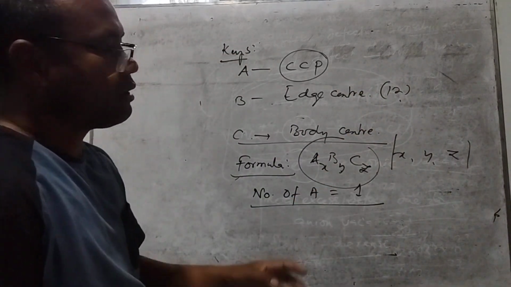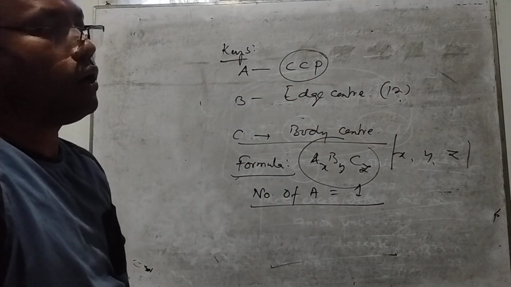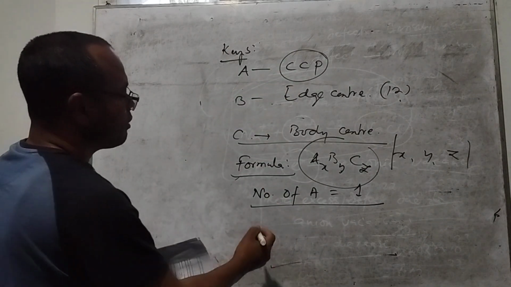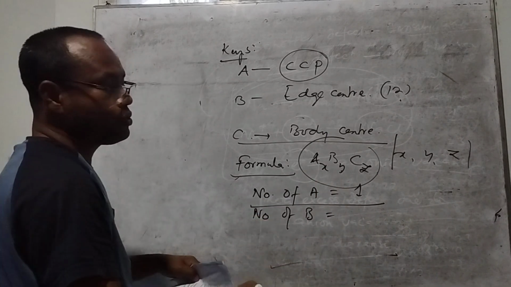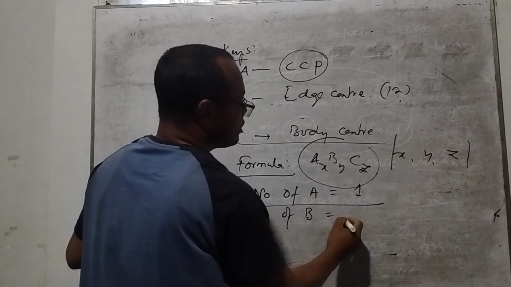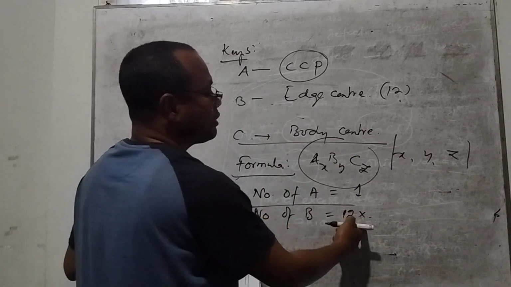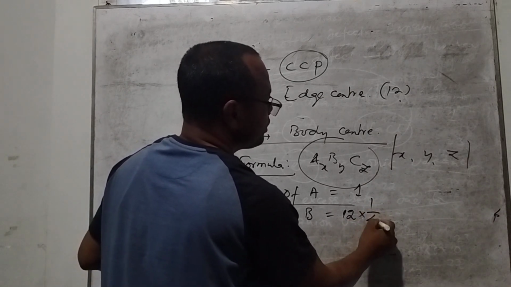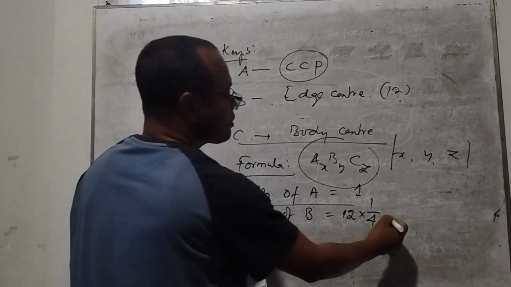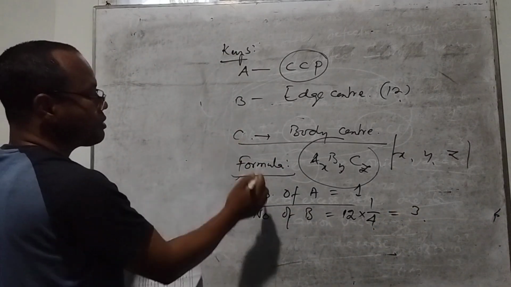So the atoms or metals occupying one of the A centers, how many unit cells can they be shared with? That means the number of B. So the number of B can be shared at how many S centers? 12. Then one of the atoms or metals present at the S center can be shared with 4 unit cells. That means how many numbers there? 3.